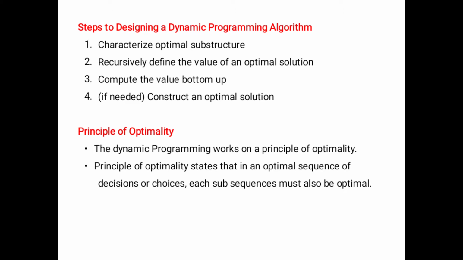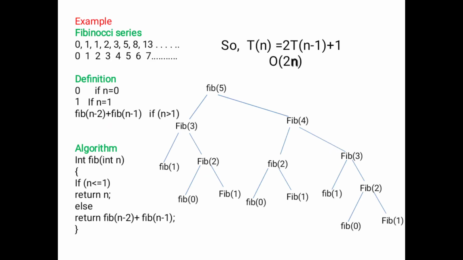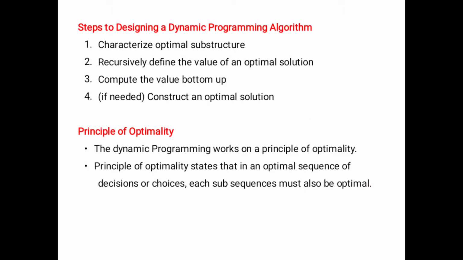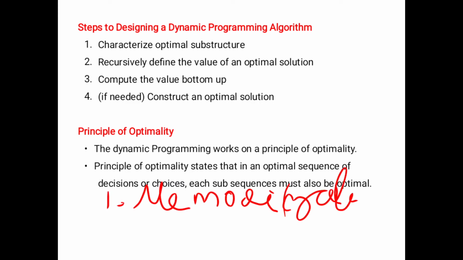In this video, the main concept is to explain an example problem following dynamic programming. In dynamic programming, to solve the problem, there are two methods. One is the memoization method.